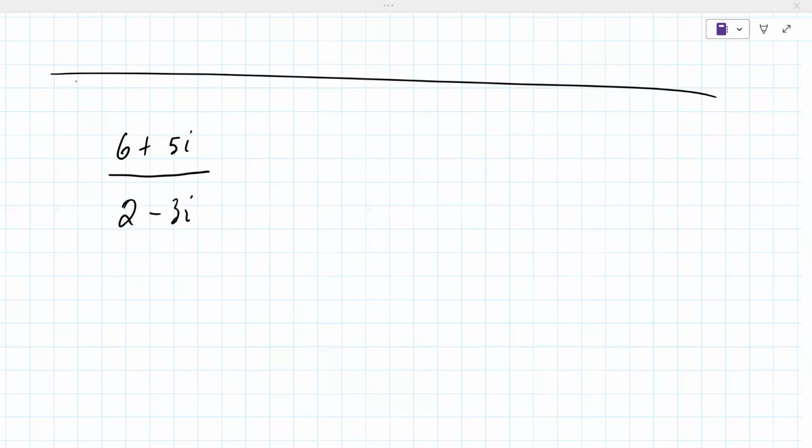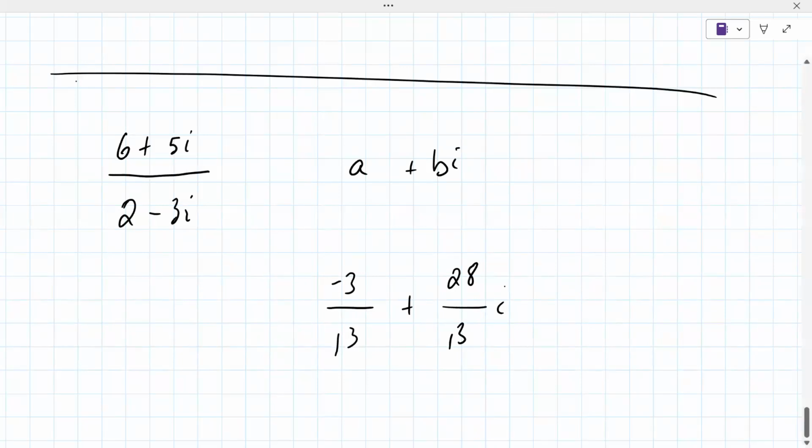All right, I've got... Make sure you give it in this form where it's fraction, fraction i. All right, I got negative 3 over 13 plus 28 over 13i. Very good. Okay, yeah, it looks good.